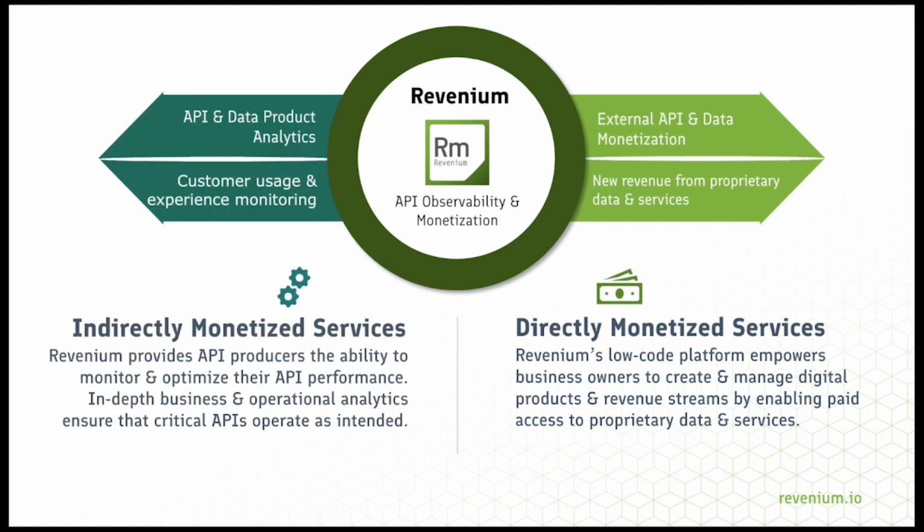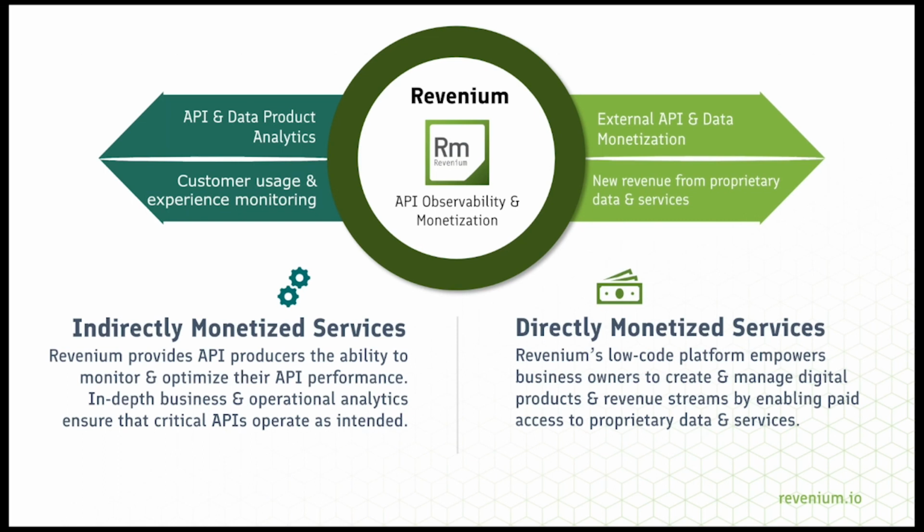On the other side, we work with the same types of companies for their APIs that are indirectly monetized, meaning those that are ultimately very important, but no one pays to use them because they're paying in some other way to consume the service provided by the company.